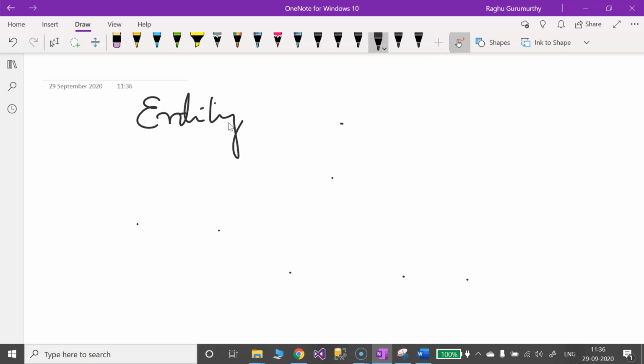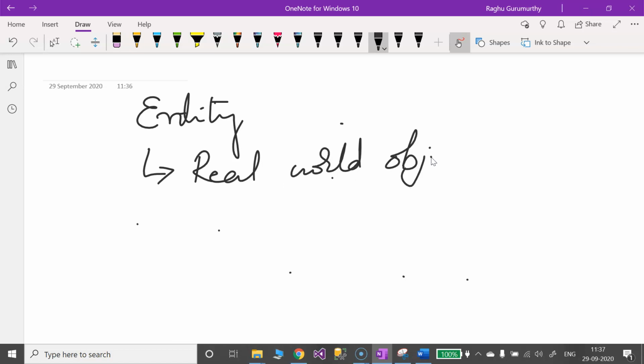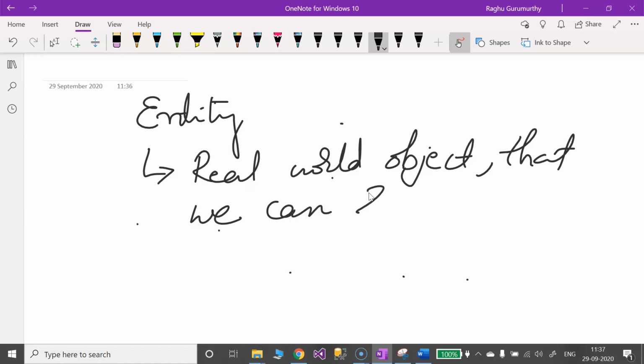An entity is nothing but a real world object that we can sense and see. Real world means the practical world, the surrounding world of us.